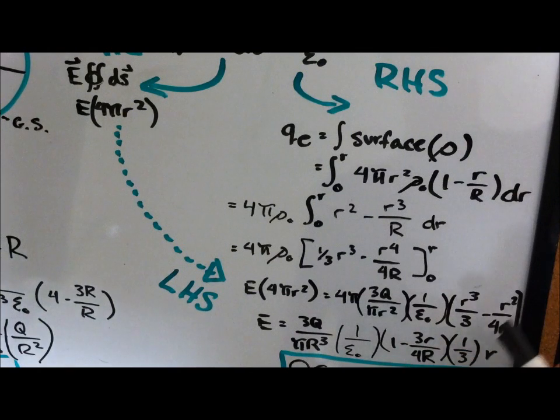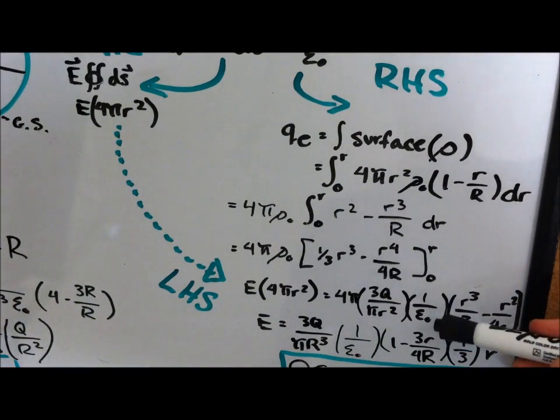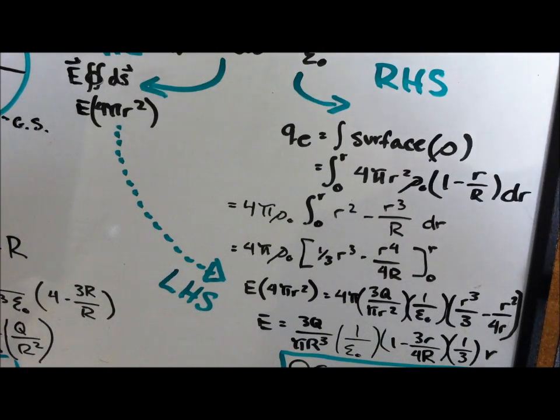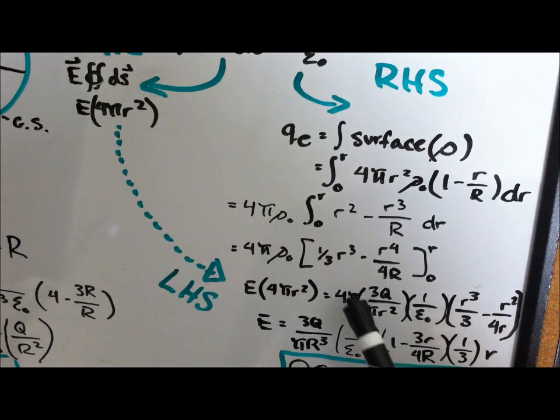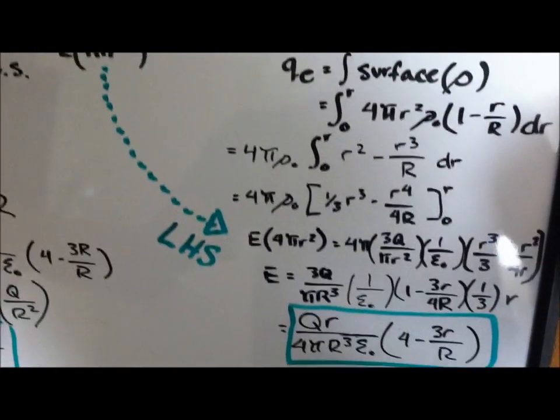Then we're also going to pull out the 1 over epsilon naught, and from there it's a lot of algebra, and we're going to have cancellations. We know that 4 pi is there, 4 pi is there. We're going to have it all cancel out, and we're ultimately left with your big Q, your little r, over your 4 pi R cubed epsilon naught.